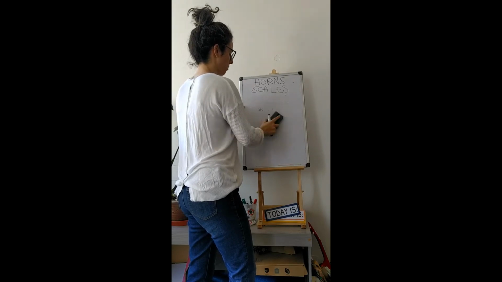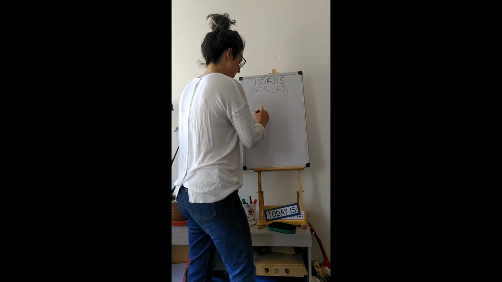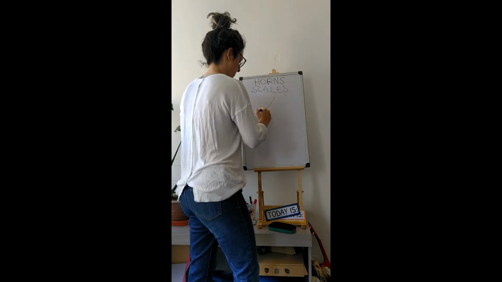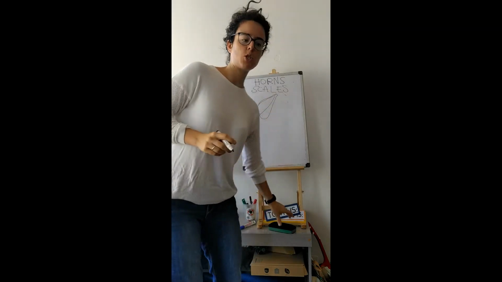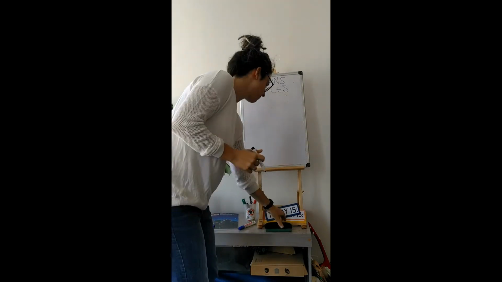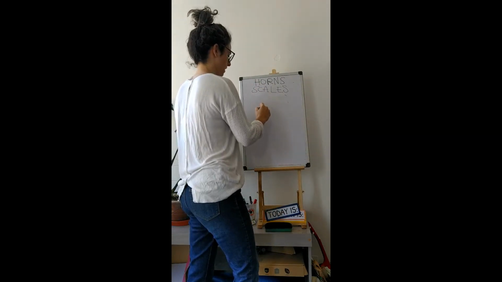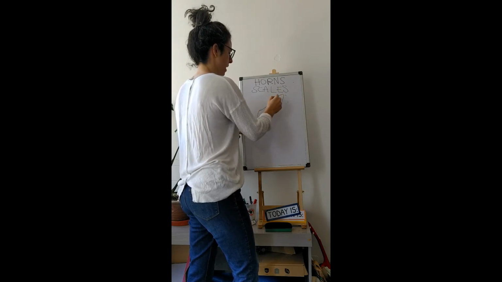Okay, let's try another one. This one might be a little easier, right? Miss Gia is going to try drawing it again. Hold on. Let's see. Yeah, more like that.